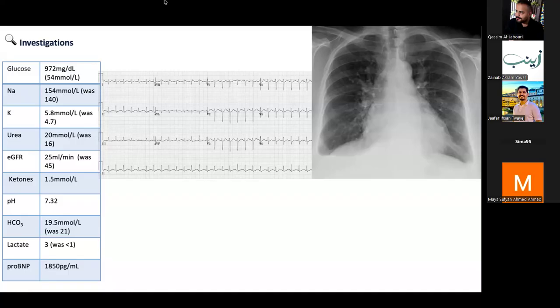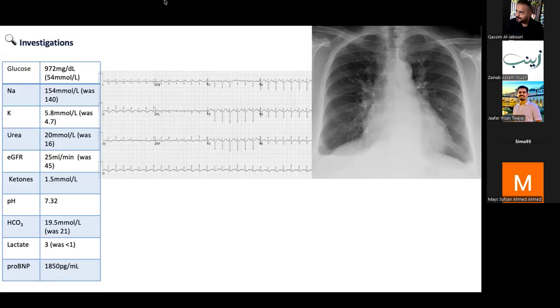He has slightly high potassium. eGFR has decreased. Ketones are detectable, but not over 3, so that's fine. pH is slightly acidotic. HCO3 is decreased, but it's not below 15 or 18.